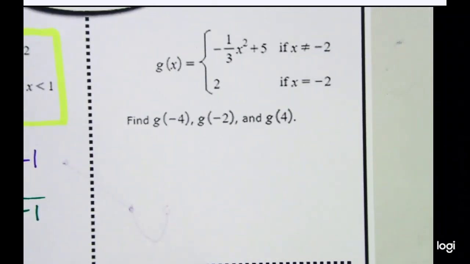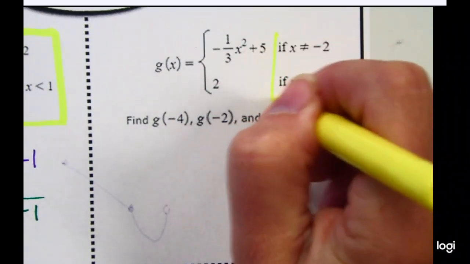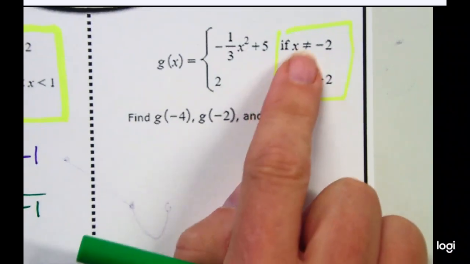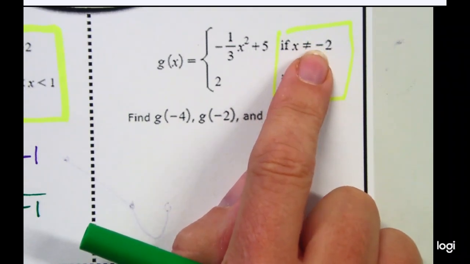Help me visualize or verbalize, I guess, what is going on with that domain right there. What is it telling us? Right, this one is all the numbers except -2.